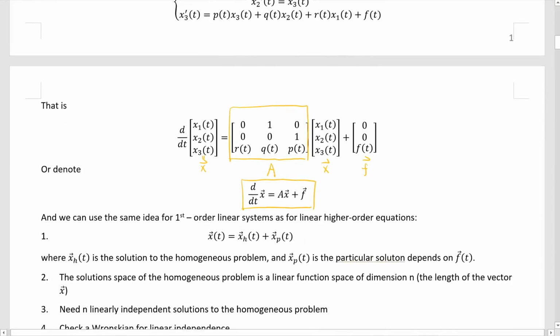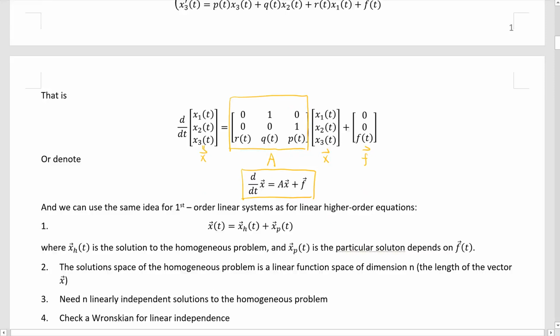Now we can use the same idea for first order linear systems as for the linear higher order equations. Because it's a linear differential equation, we have a general solution, which consists of two parts: the homogeneous solution and the particular solution. XH is the solution to the homogeneous differential equation, and XP is the particular solution depending on the forcing function f of t.